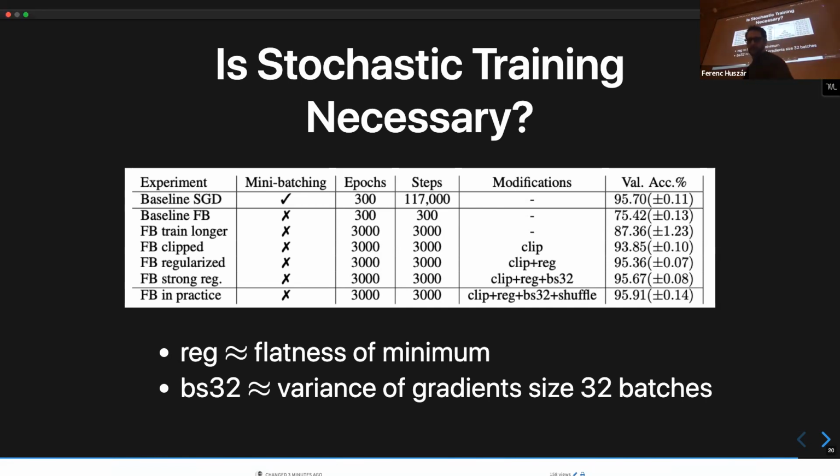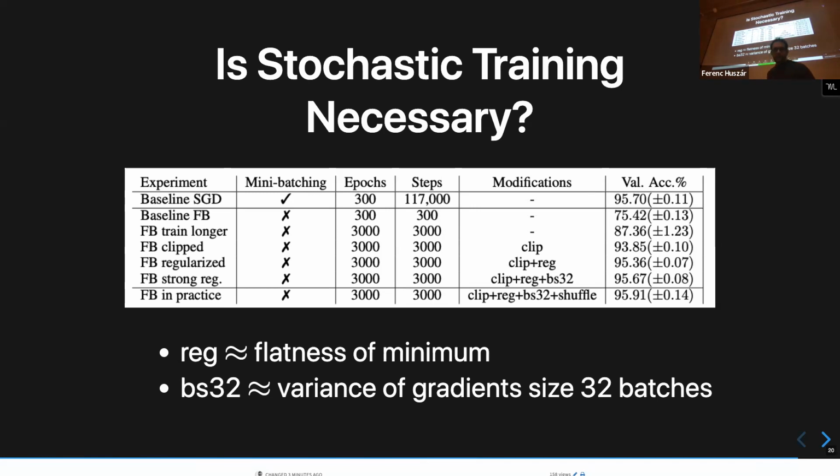Did they try reordering the introduction of some of them? I'm sort of curious. This is more like a decomposition of what the benefit effects are, and what happens if you don't clip and regularize, or just regularize and not clip. I don't think that they did. I think every single line in this table probably costs a ton of time and a ton of money, so I don't think that they did all the different combinations of everything.